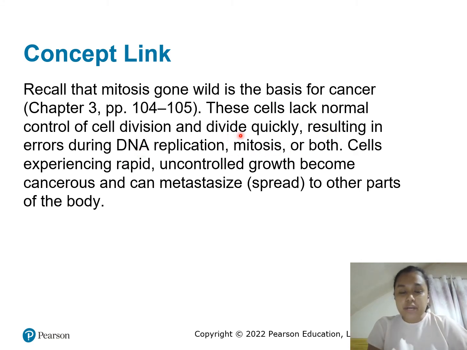Because the multiplication of cancer cells is so fast, there are no checkpoints. So there are many errors during replication, DNA replication, during mitosis. So it becomes so uncontrolled, and if you do not intervene, it can spread to other parts of the body, or we call it metastasis.